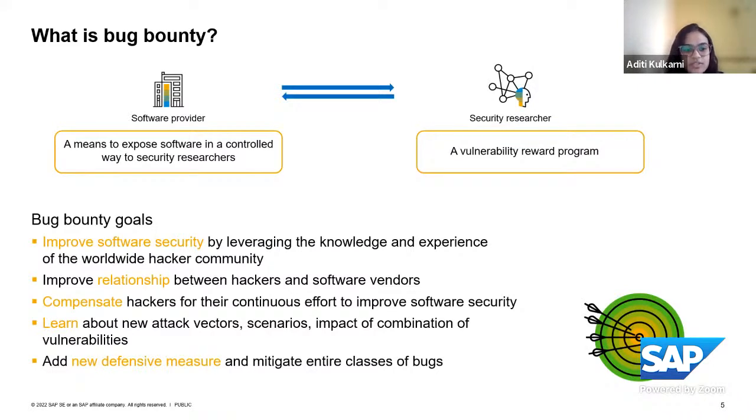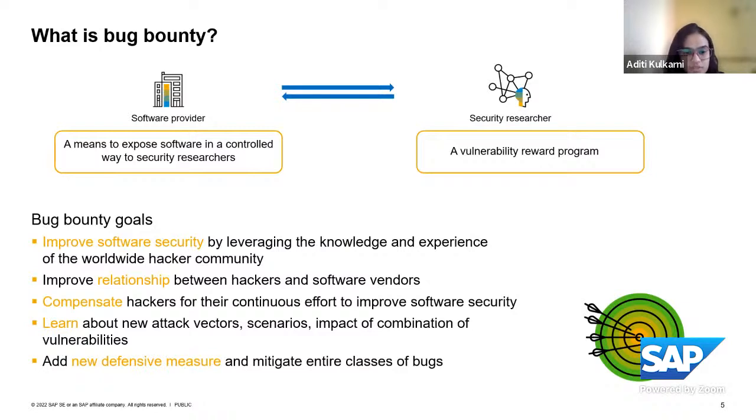So this kind of collaboration is compensated, which is a win-win situation for both the vendor and for the hacker. And basically learn about different attack vectors, because when someone outside the vendor company is involved, then you get a broader and a more outsider perspective of the security of the application.